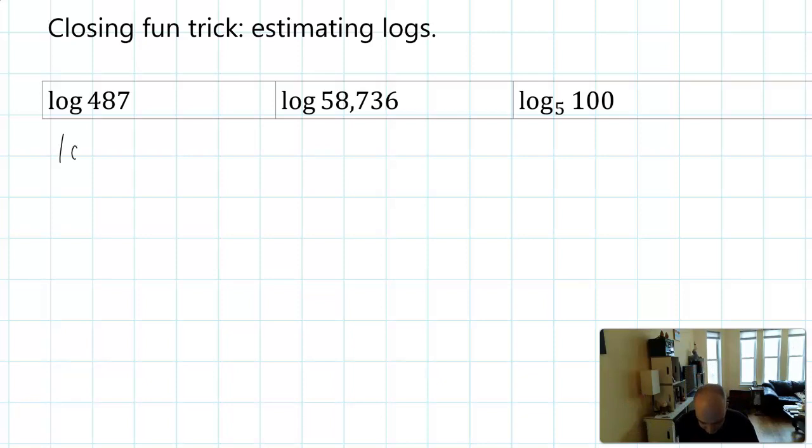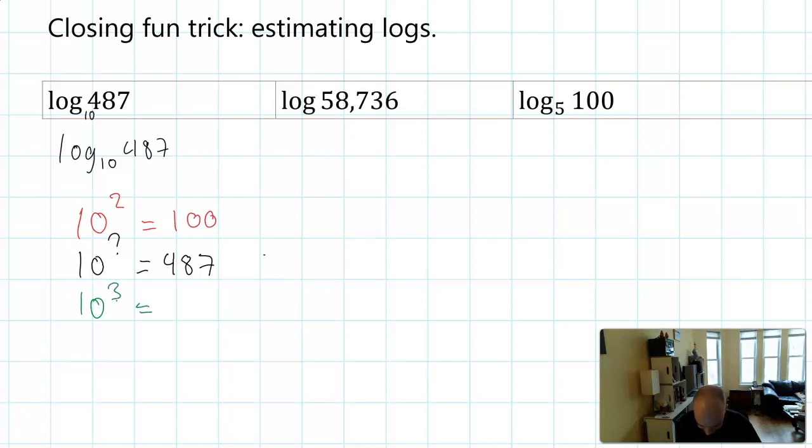Well, remember, you can use the idea of a sandwich. So this is saying log base 10 of 487 is really saying 10 to the what is equal to 487. Well, the nice thing about 10, and this is why this is really nice to do with powers of 10, is you know the powers of 10. We know that 10 squared is equal to 100, and we know that 10 to the third is equal to 1,000.